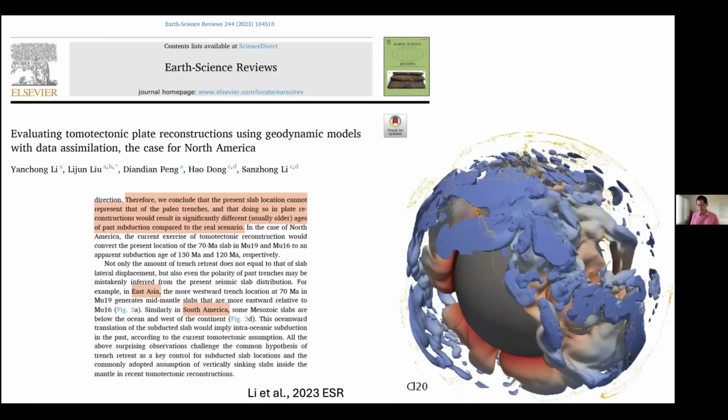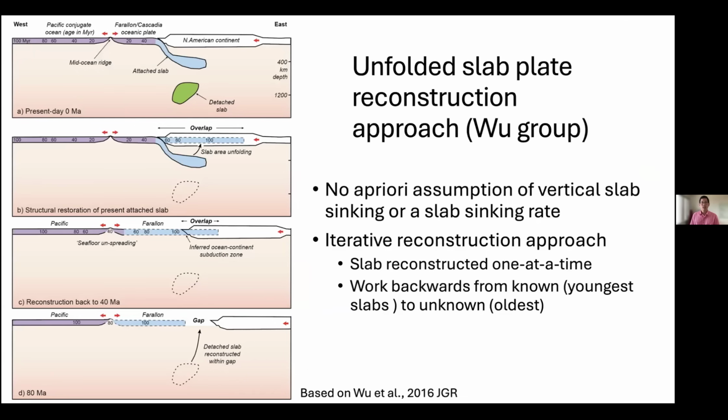And so this is a cartoon that I drew up to show the reconstruction method that we are using. Now, we didn't design this in this way, but we found, after publishing some papers with this method, that we are not making any assumptions of vertical slab sinking or slab sinking rate.